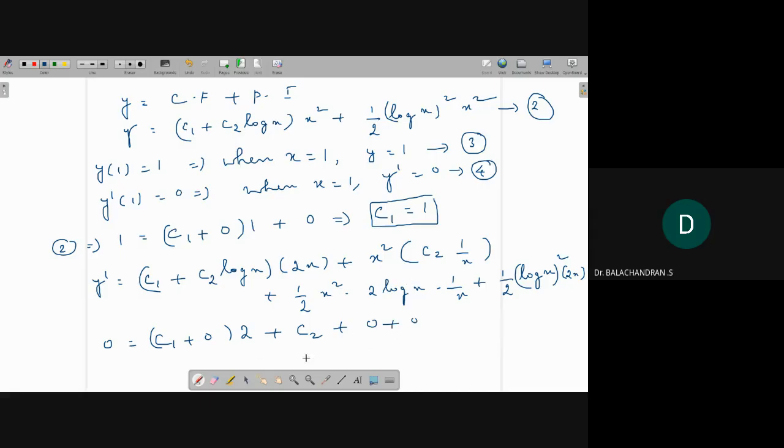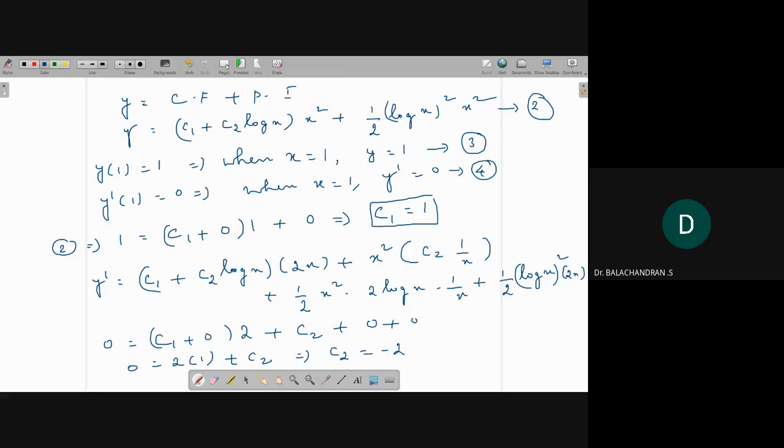So now we have 0 equal to 2c1, c1 is 1, plus c2, so c2 equal to minus 2. So now substitute the values of c1 and c2 in equation 2.